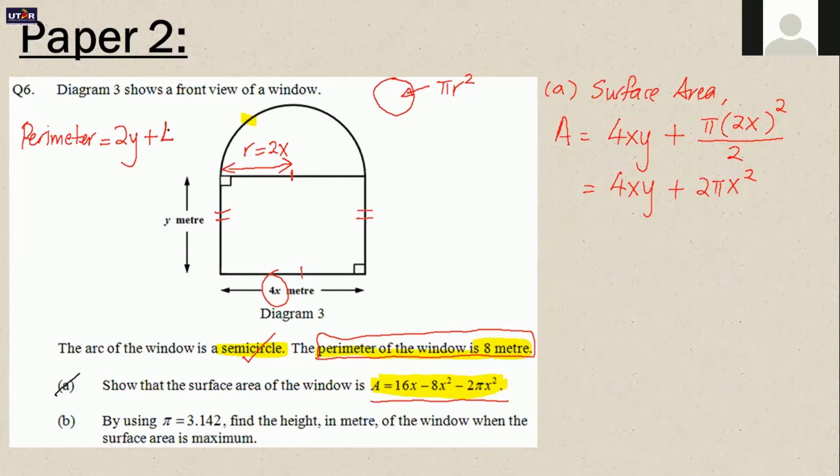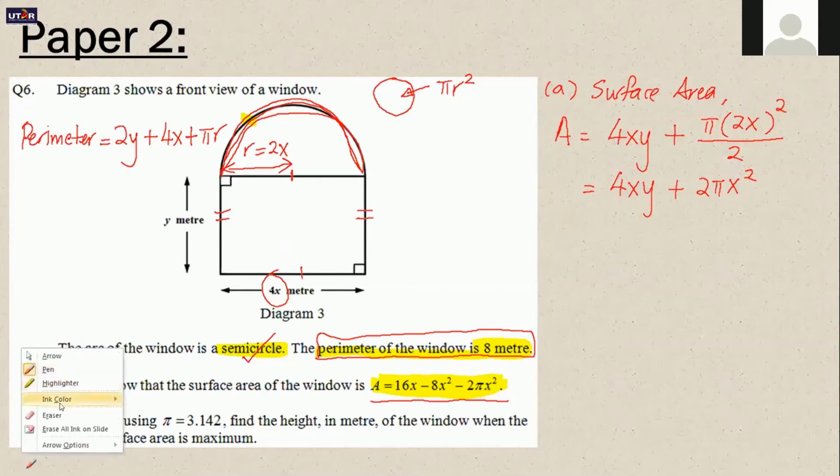So 2y plus 4x, and plus the length of the arc here. What is the length of the arc? It's a semicircle, so half of the perimeter of the circle. The perimeter of a circle is 2 pi r, so half of it is pi r. What is your r? R is 2x, so you have 2 pi x.